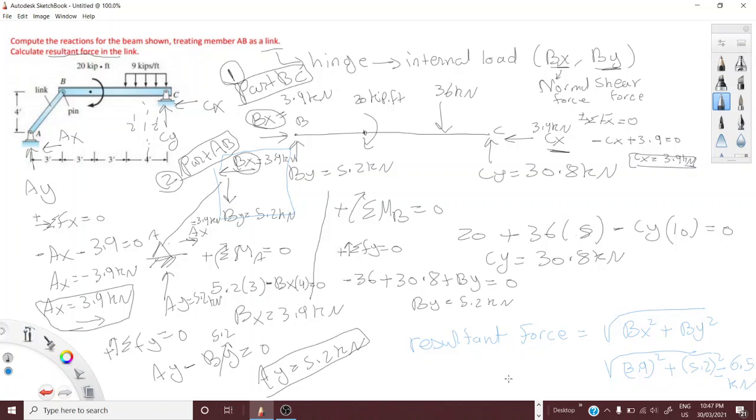There is another way we could solve this question, but this way is easier. Split, then find By and Bx at the hinge, the unknowns. For the question, how many unknowns do we have here? We have 1, 2, 3, 4, so we have 4 unknowns, and we only have three equations: summation of moment, summation of Fy, summation of Fx.